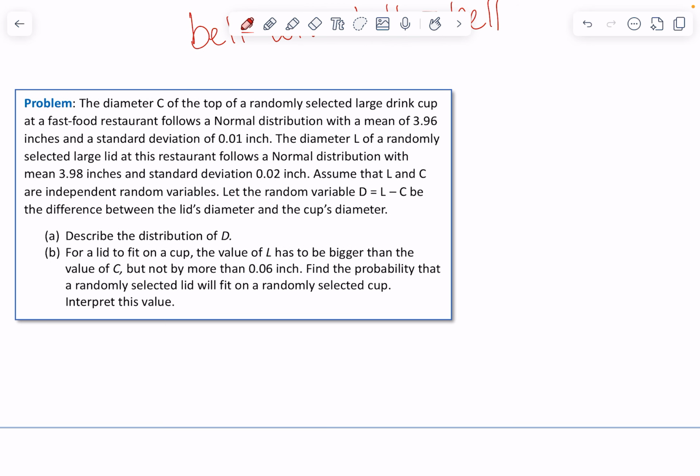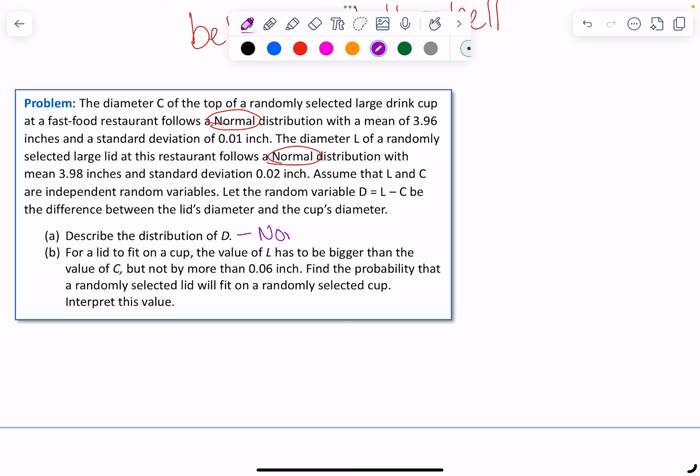So describe the distribution. Well, the cup is normal and the lid is normal. So normal and normal makes normal. Okay, so the shape is going to be normal.